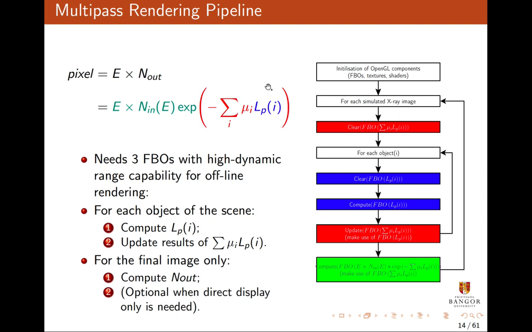First we compute the path length for every object, then we do the product and the sum in another one, and finally when we have processed all the objects, we can compute the exponential and that product. Then if we want, we show the image, or we retrieve it from the graphics card to save it in the RAM.